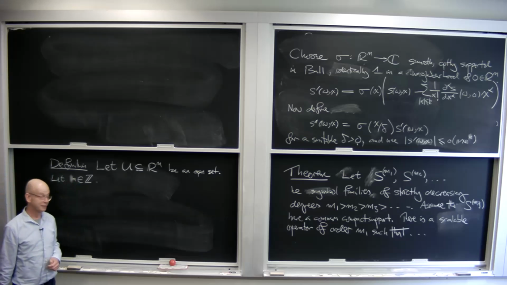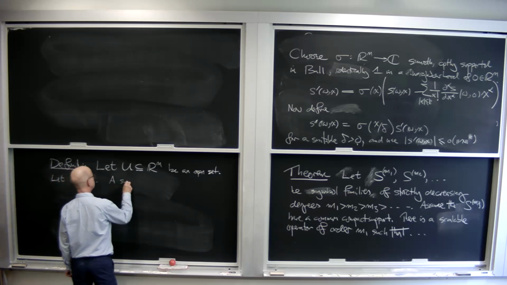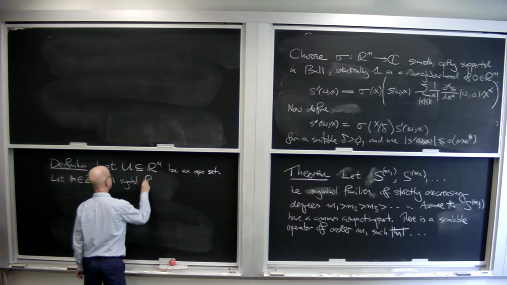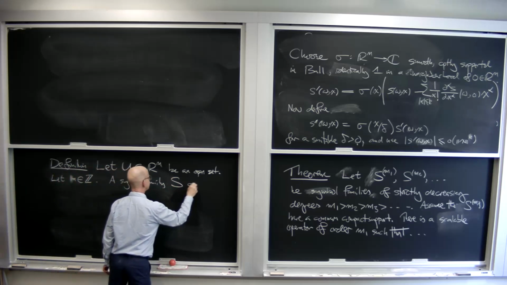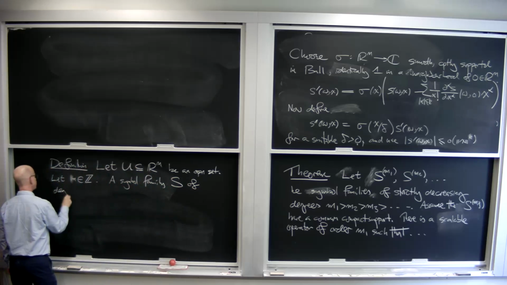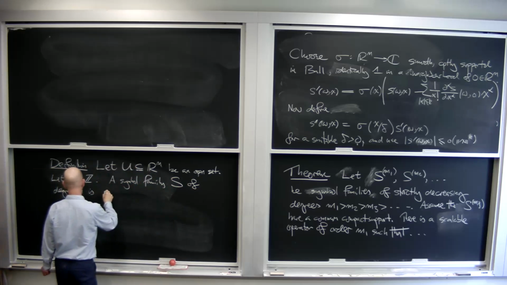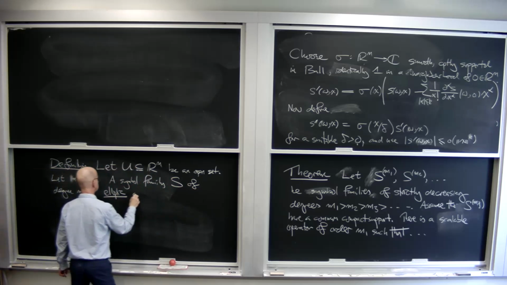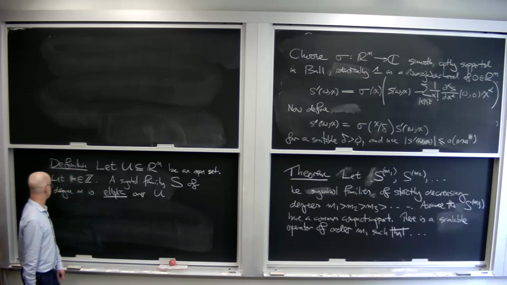That's a sort of classical example, but m could be anything. If I have a symbol family S, let's say of degree m, we'll say that this thing is elliptic over U. That's why U comes in.